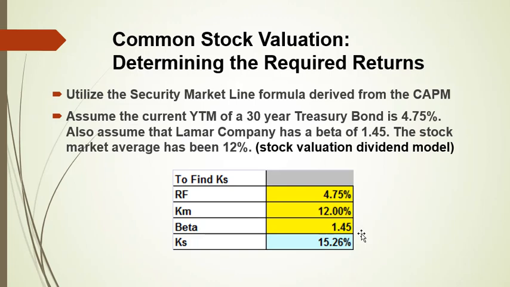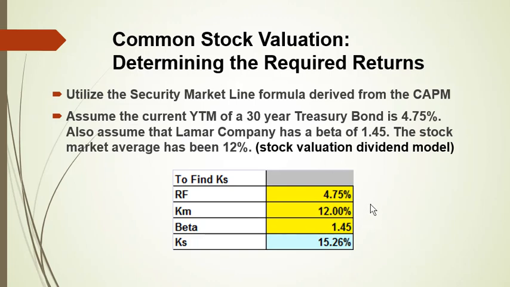To find the required return, we've talked about this in some other videos, we can use the security market line from the capital asset pricing model. In this case, we assume that the 30-year Treasury bond is at 4.75%. The company has a beta of 1.45, and the stock market average has been around 12%.